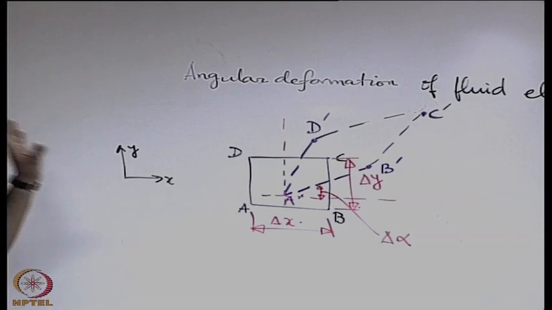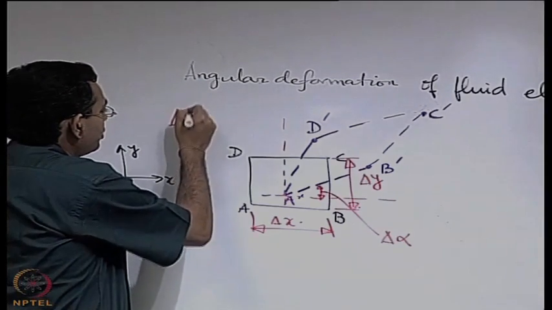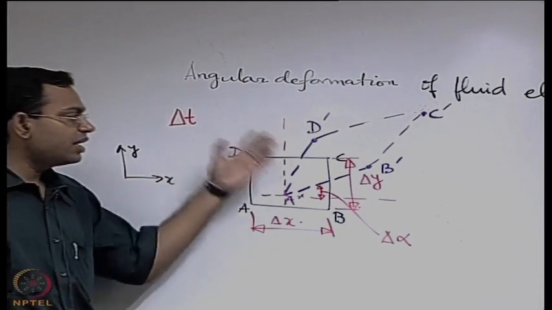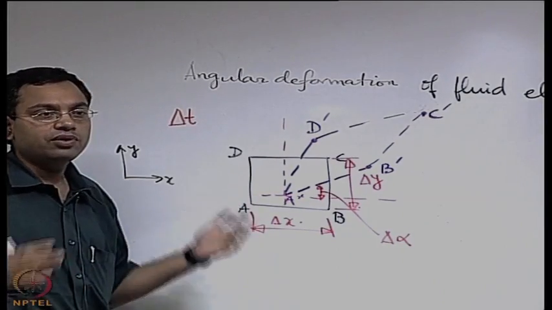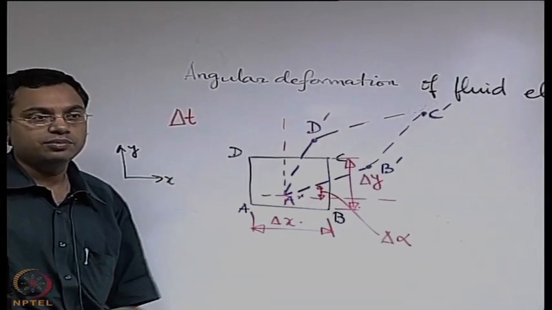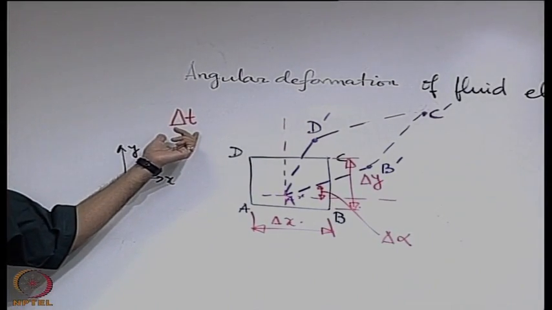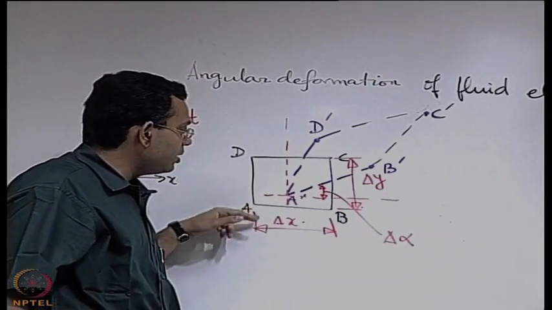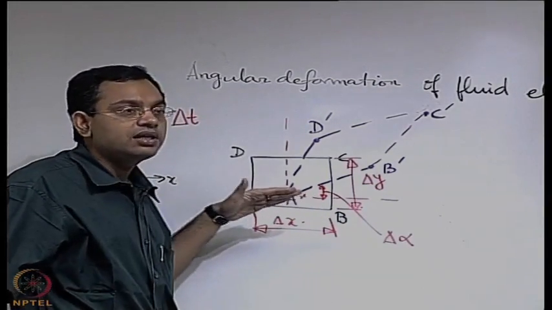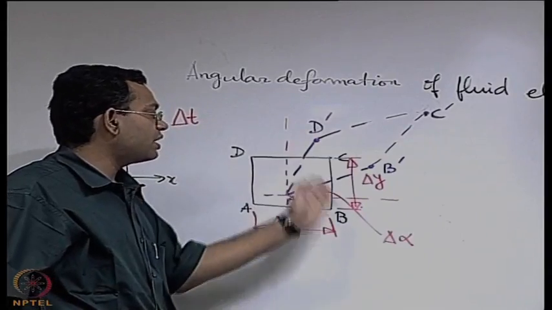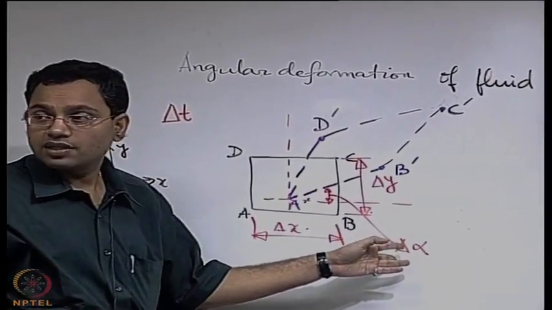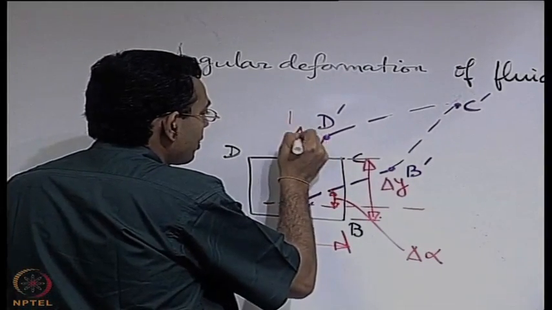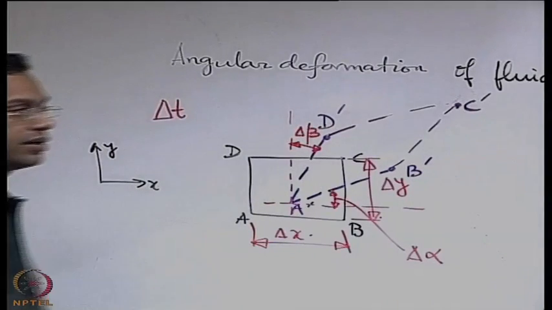Here we are considering a small interval of time delta t within which this deformation has occurred, because if we allow a large time we will not be able to keep track of the deformation; fluid is under continuous deformation. So, we take a small time interval. In that small time interval the element AB, which was originally oriented along x, is now oriented at an angle delta alpha with x. Similarly, let us say that this angle is delta beta.